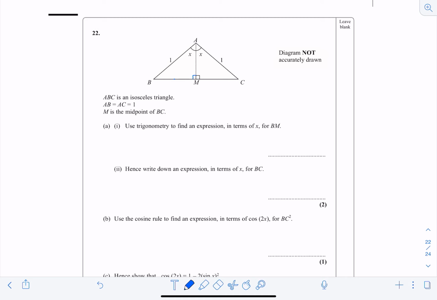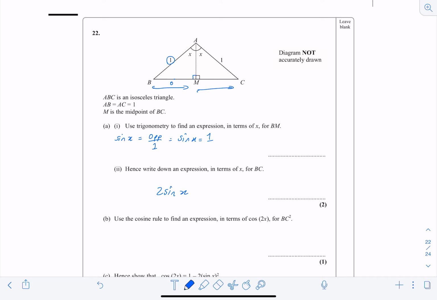So I'm going to use silly old hens, that being my opposite, that being my hypotenuse. So I know sine x equals opposite over 1, which is, well, sine x equals BC, well, that's sine x, and that's the same, so it's 2 sine x.